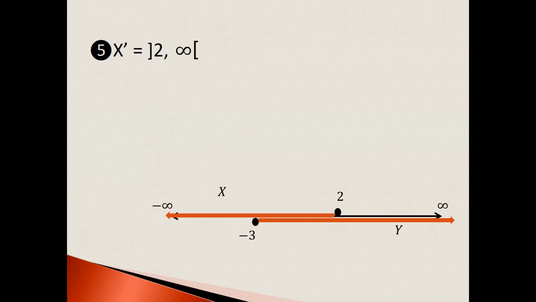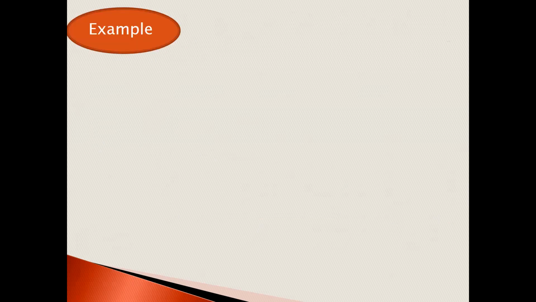If I cancel all the numbers in X, the answer is 2 and infinite. 2 and infinite is not included in Y, so I'll take it. 2, I opposite it because 2 is included in X but not included in Y, so I'll take its opposite interval. It will be open, and infinite is always open. Y complement is also negative infinity and negative 3, but negative 3 I'll opposite it because negative 3 is closed, so it will be open.